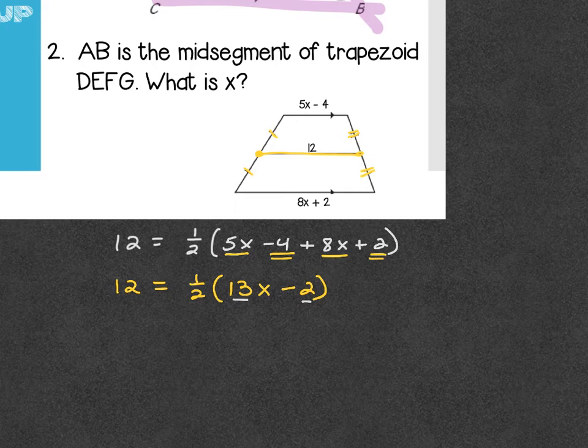Instead, I'm going to multiply by 2 on both sides of the equal sign. So I get 2 times 12 on the left, which is 24, and on the right-hand side, I get 2 times 1/2, so these cancel out, and then I don't need to distribute anything into the 13x minus 2.